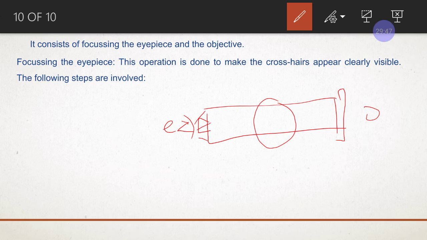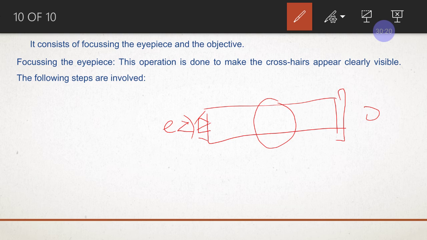Depending upon the distance of the object, the focusing has to be done so that the image falls on the lens properly. If the image doesn't fall properly on the diaphragm, then the image becomes blur, right? So with the help of the object focusing screw, you're going to turn it so that the image becomes clear, right?